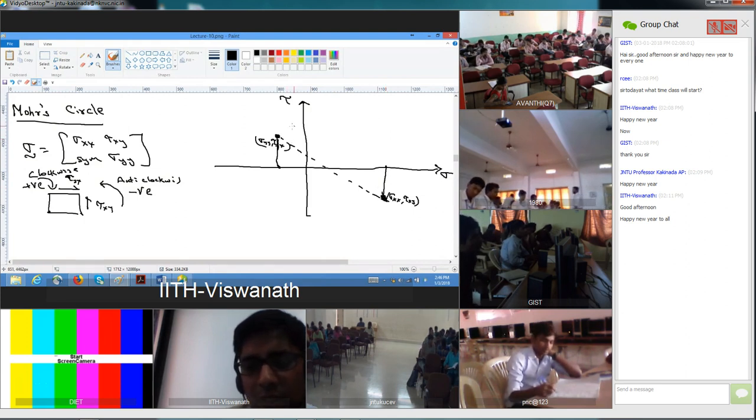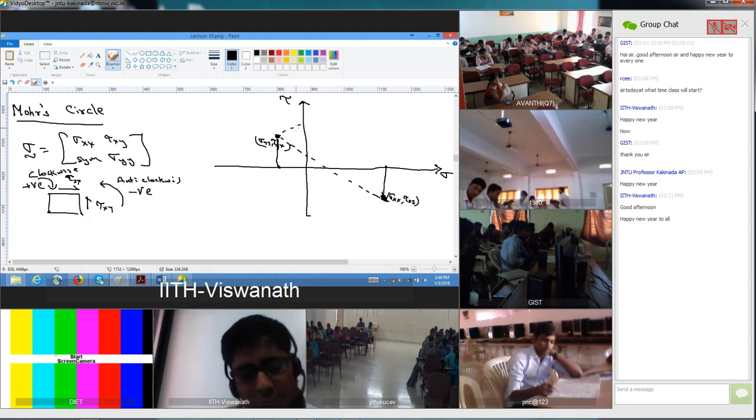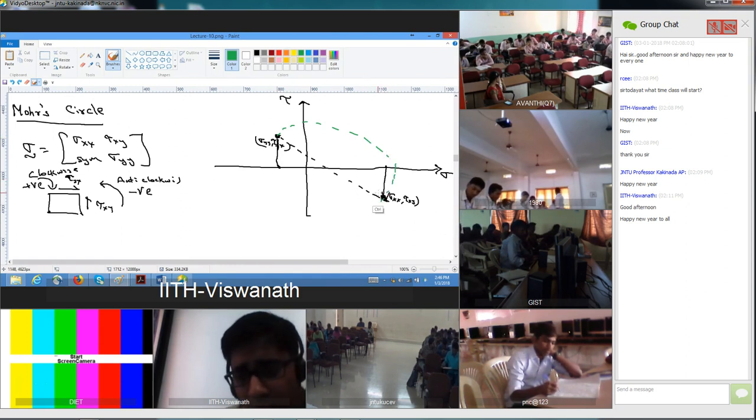Now using this, draw a circle. I'm very bad at drawing these things, but let's assume I'm drawing a circle. Yeah, it's a very bad circle. Yeah, I'm bad at drawing, as I said, but let's draw.